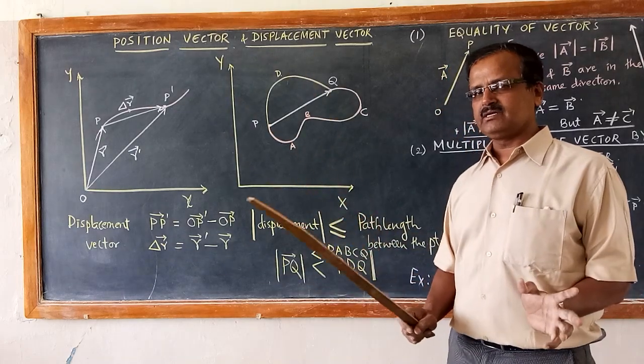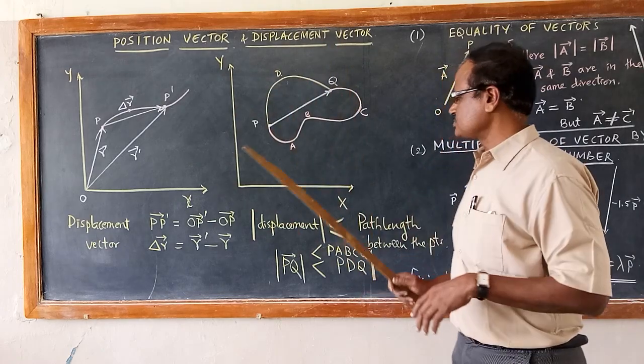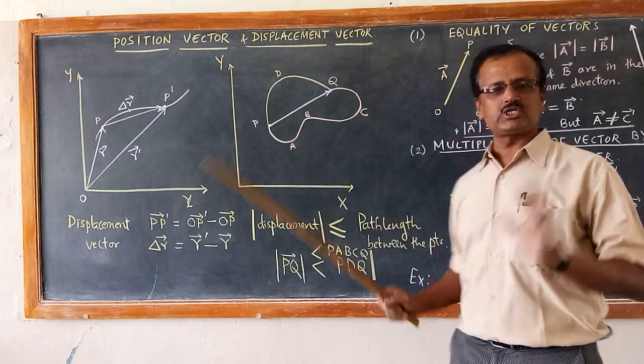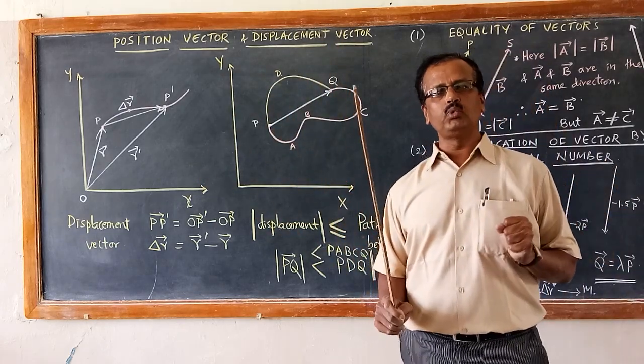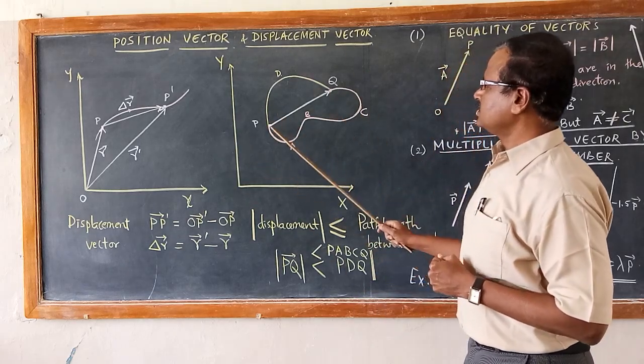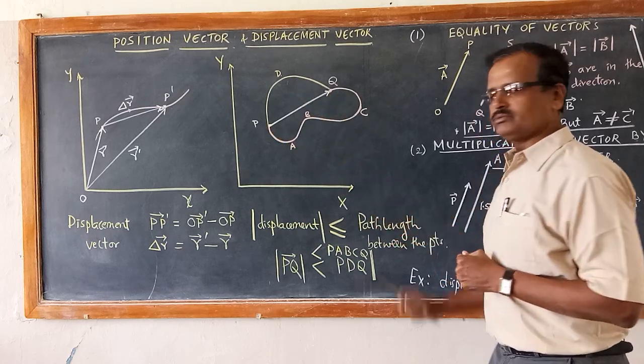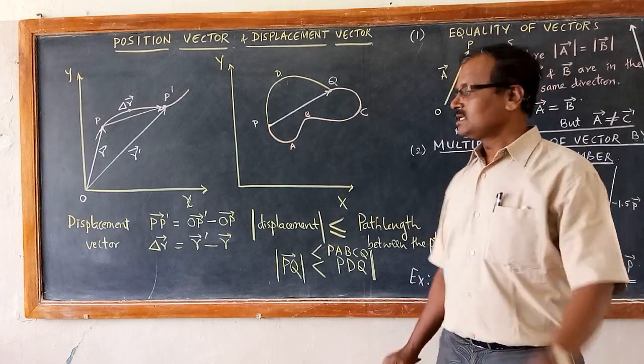Again by definition, final position minus initial position gives us displacement. So displacement is the shortest distance between two positions. This shortest distance PQ, you see, is smaller than the curved path PDQ, which is the actual path length.